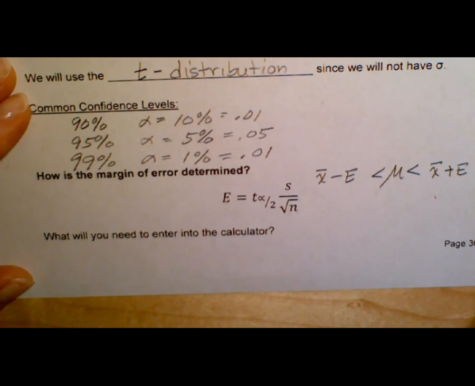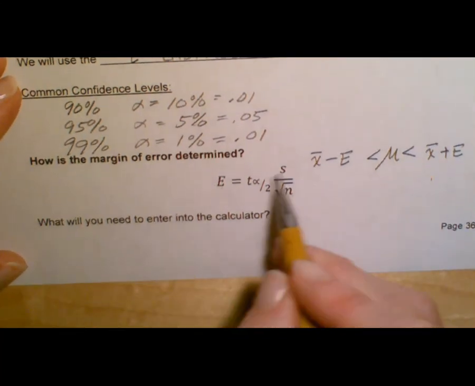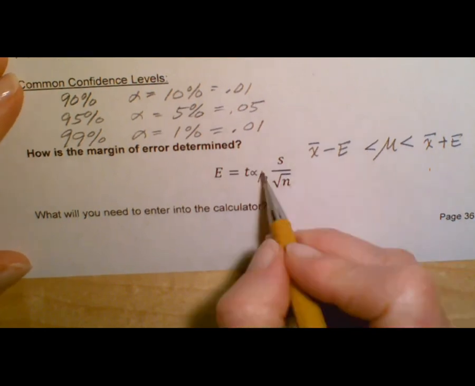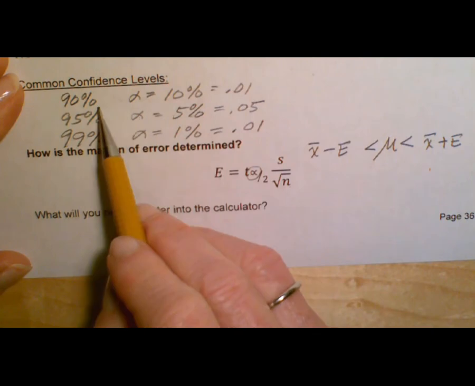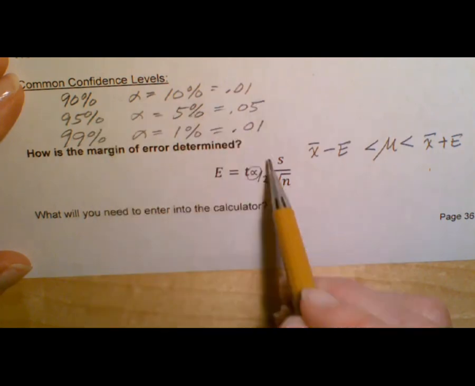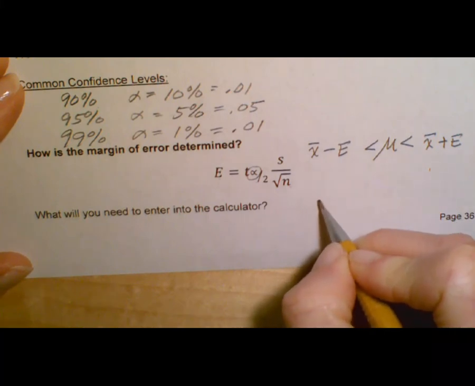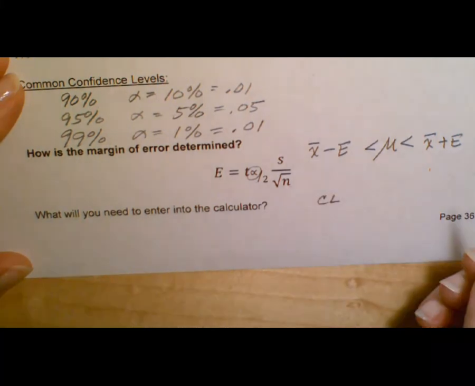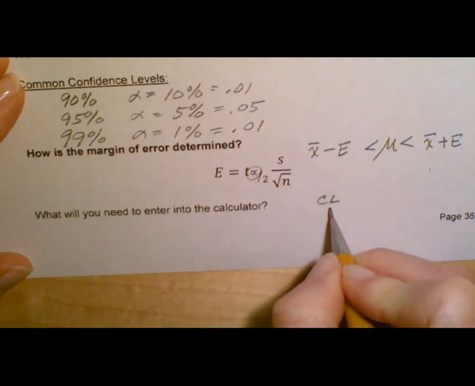But we've got to give it some information. Obviously, you can see some of the things that are being needed. This alpha, we won't type in alpha, but we'll type in the confidence level, and the calculator will get alpha from that. So we will need to give the calculator the confidence level. You can see it's asking for S, the sample standard deviation.